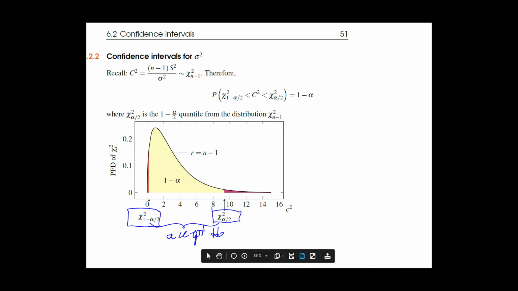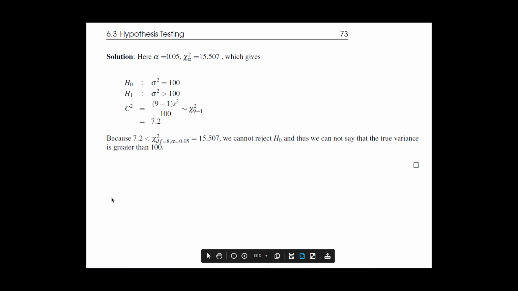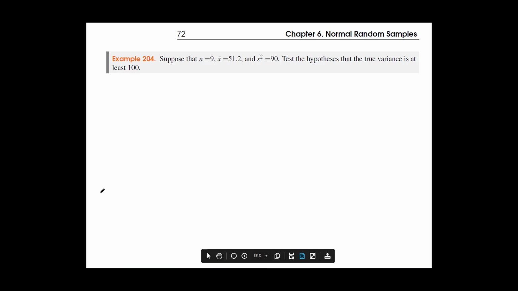Okay, so let's do that example right here. They give us the sample size, an x bar, but we don't need it, and s squared. Then they want to know if the true variance, which is sigma squared, is at least 100.